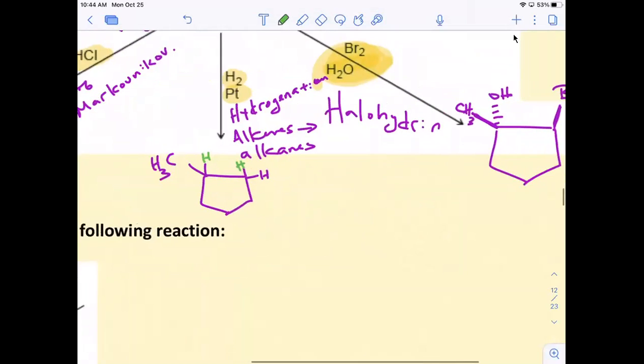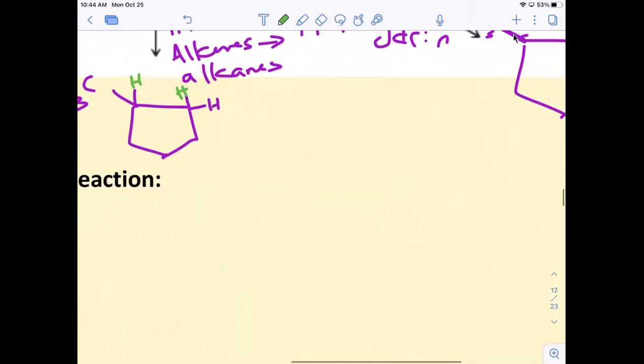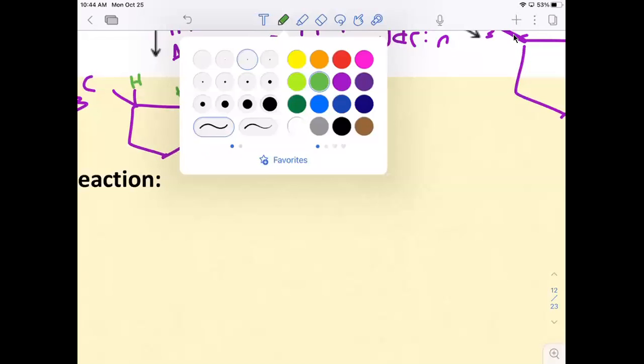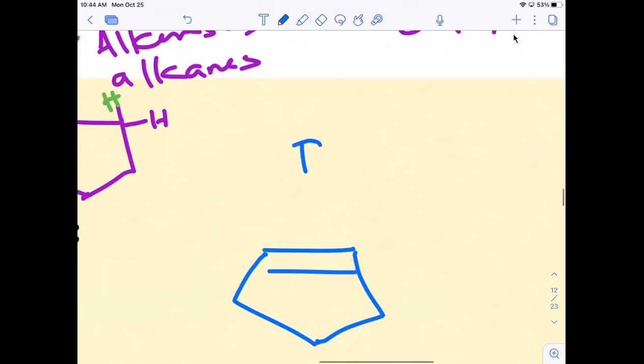So let me give you a rough way of how this happens. So here's my alkene. I'm gonna just draw it like that. And then if I just do this with platinum oxide, what I get is a platinum complex that has hydrogens attached like so.